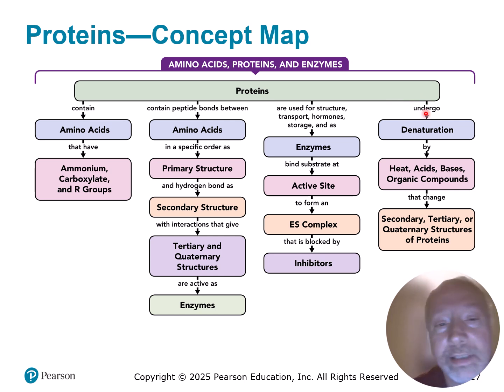Then we have proteins that can undergo denaturation, as we saw with the eggs, or by adding heat, acids, and bases or organic compounds, we can cause the protein to disassociate with itself. And we can cause changes in the secondary, tertiary, and quaternary structure of proteins. Denaturation usually does not mean breaking the peptide bond, but we have ways to do that that we haven't talked about.